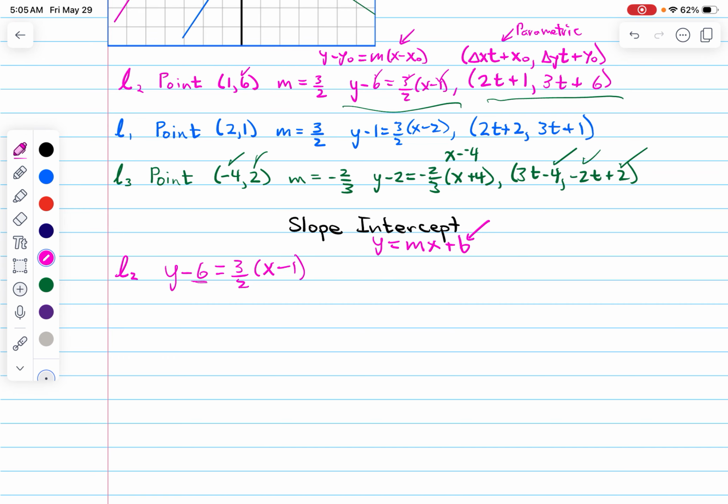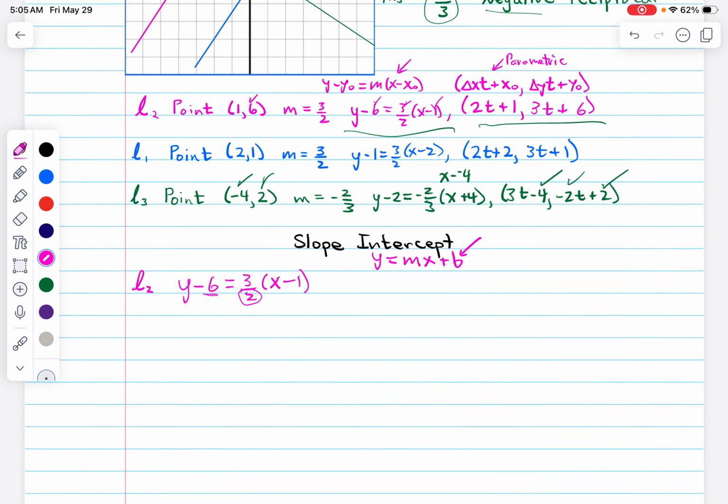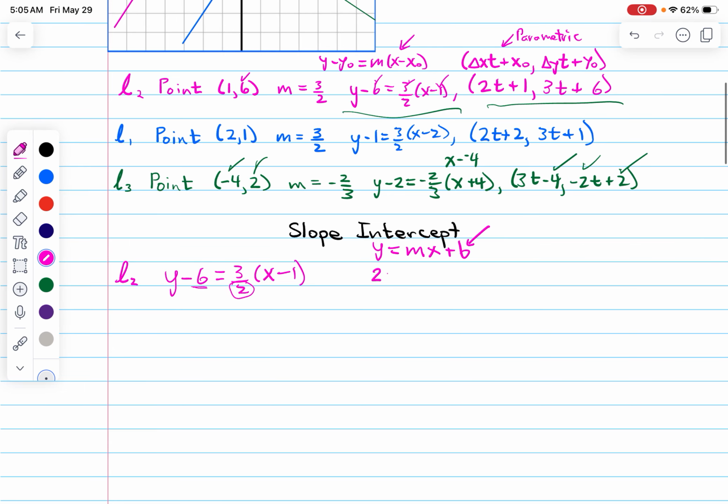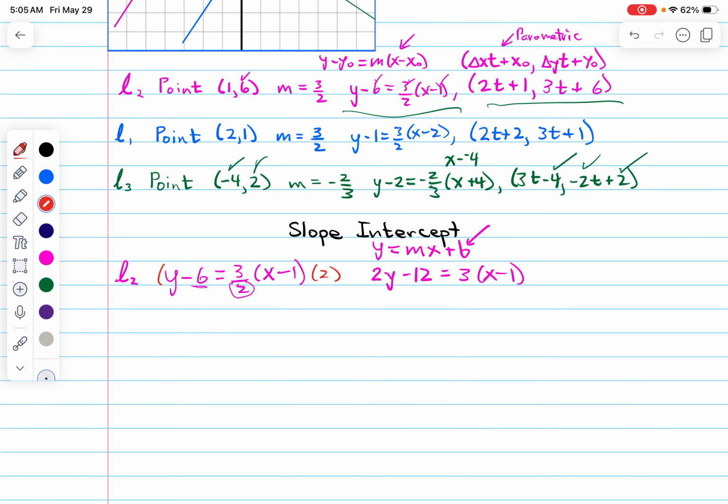So here we go. Now I want to solve this. One easy way to do this, whenever you have fractions, one of the things that makes your life a little bit easier is if you multiply both sides by the denominator. So I'm going to multiply both sides by 2. I get 2y minus 12 equals 3 times x minus 1. Now, all I did was multiply both sides by 2 and distribute the 2 through here.